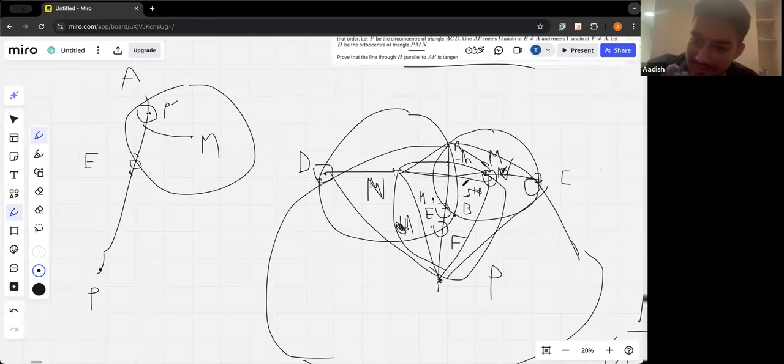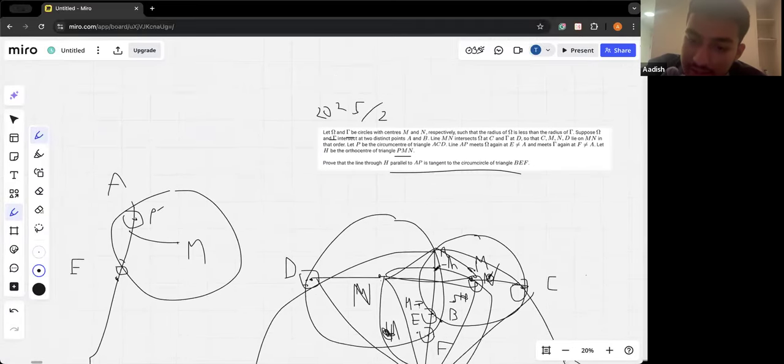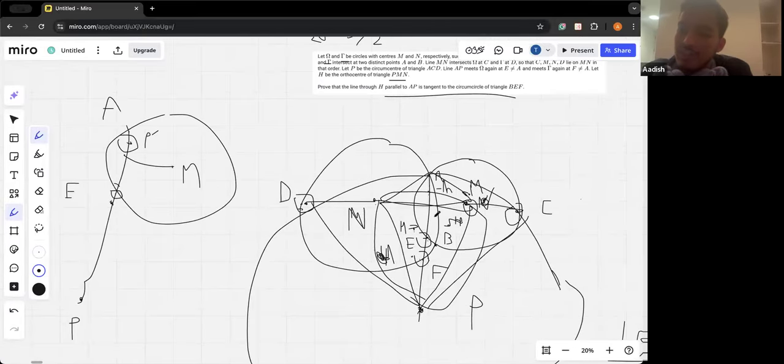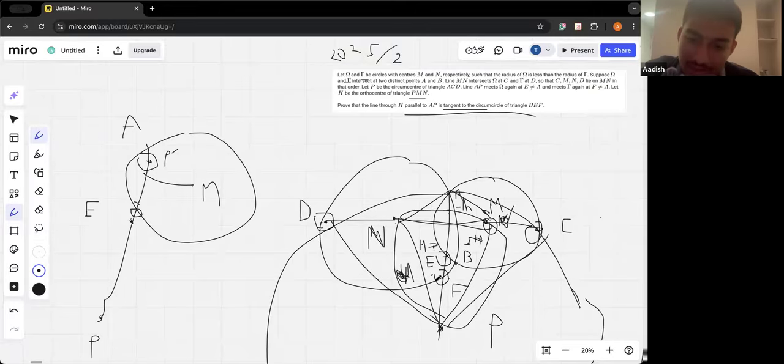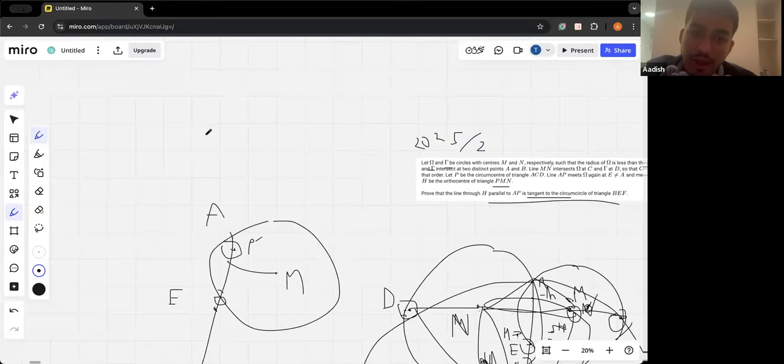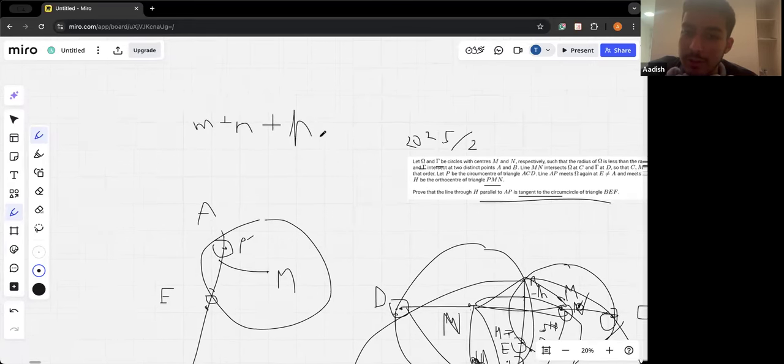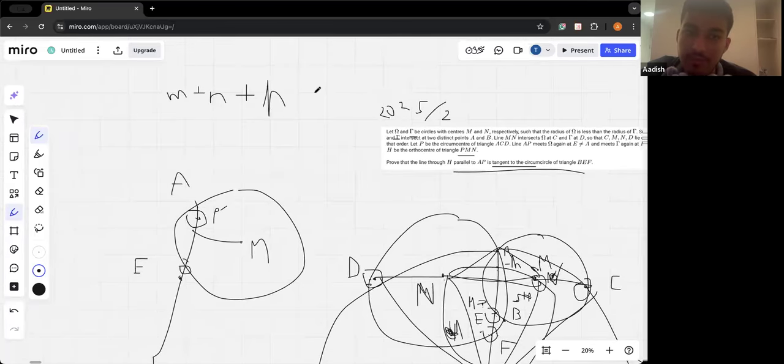Right? And now H is good, B is good, E is good, F is good. And the direction AP is also good because it's just the direction OP, because once again, AP passes through the circumcenter. Everything is good. So to get the tangency, H is M plus N plus P. So the line through H parallel to AP is M plus N plus P times a real number.